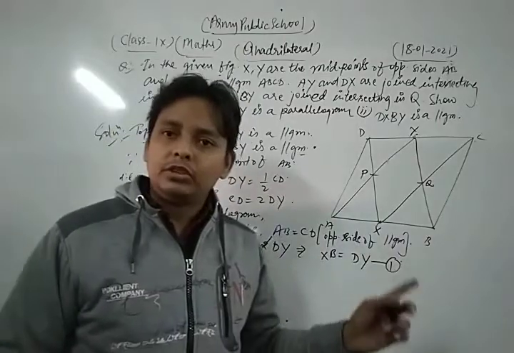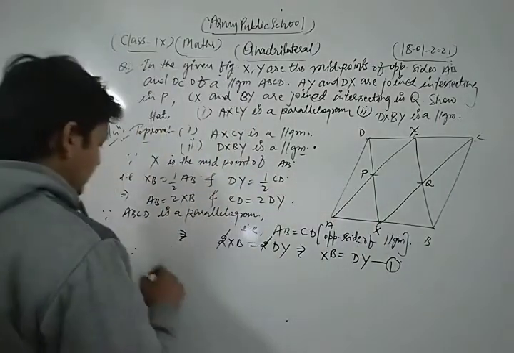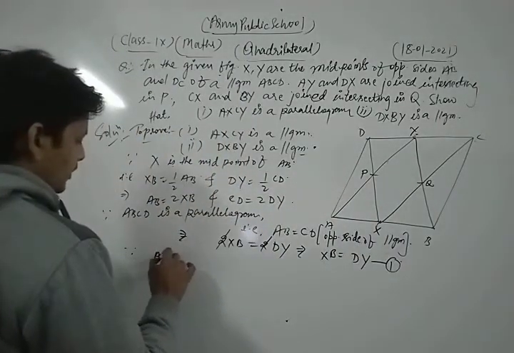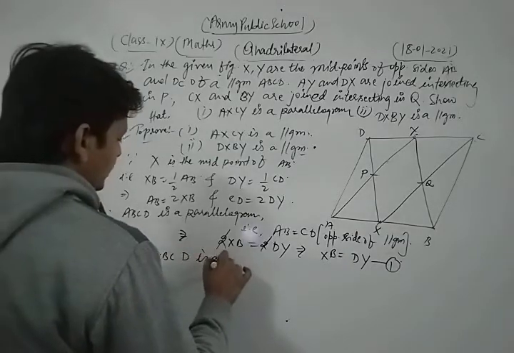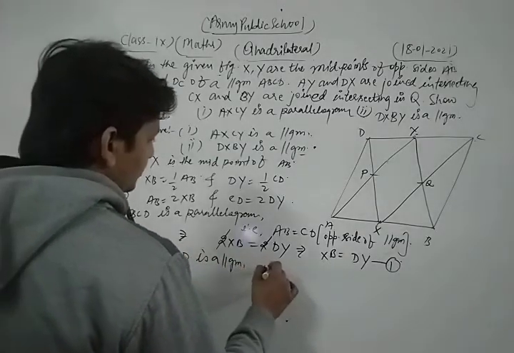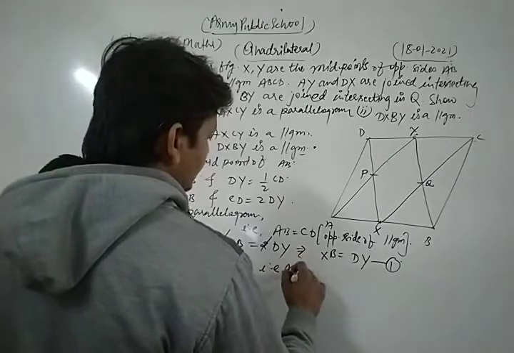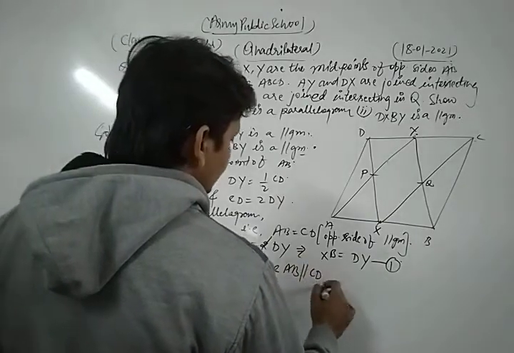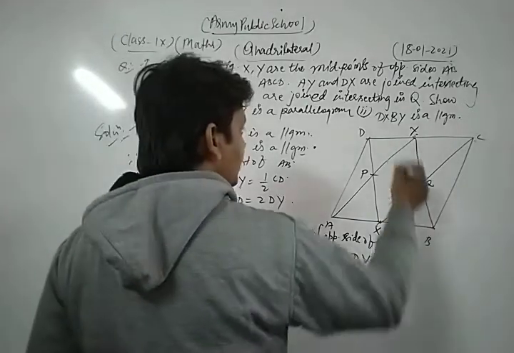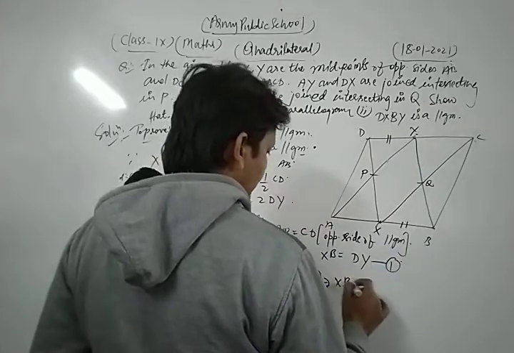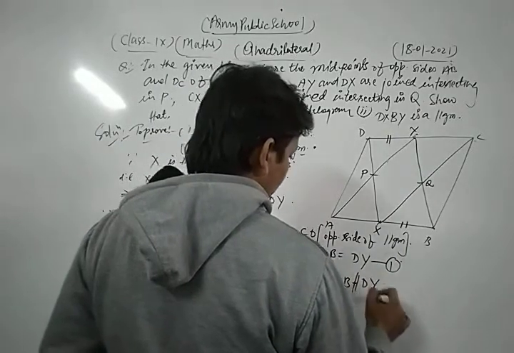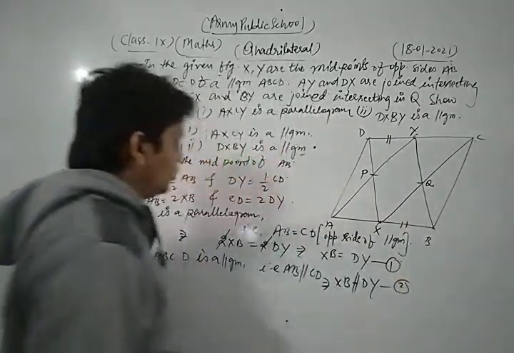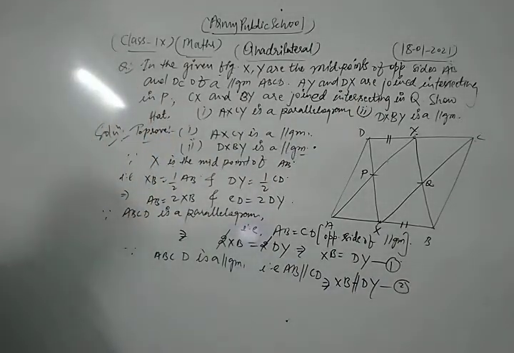Now since in a parallelogram opposite sides are also parallel, since ABCD is a parallelogram, AB is parallel to CD. This implies that XB is parallel to DY. This is equation number 2.